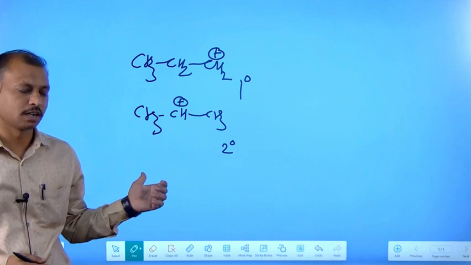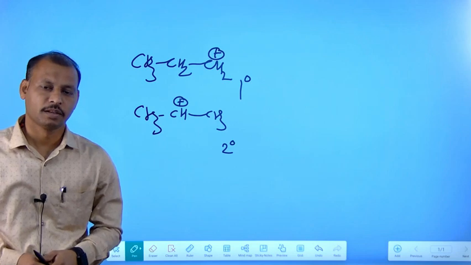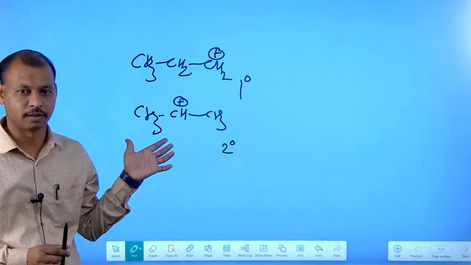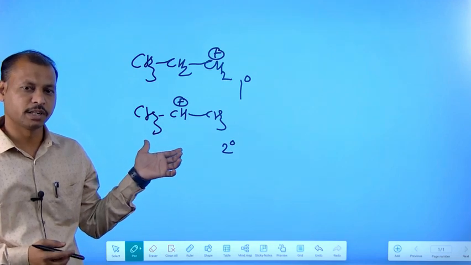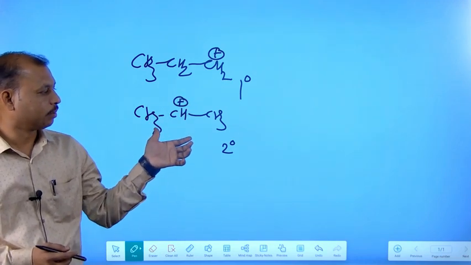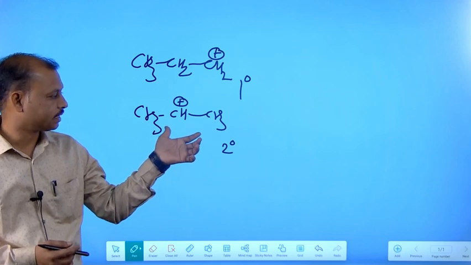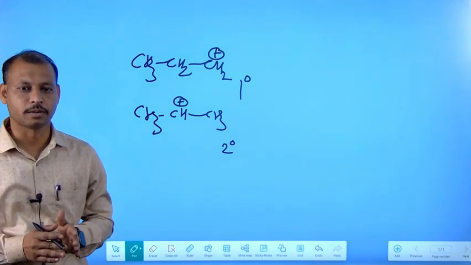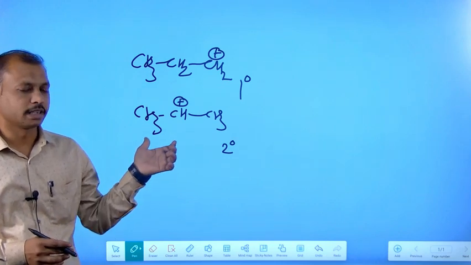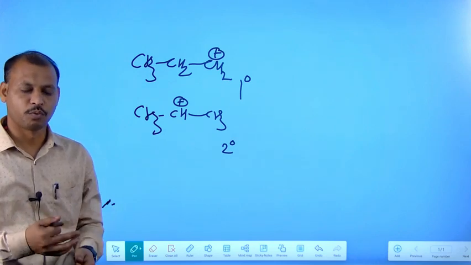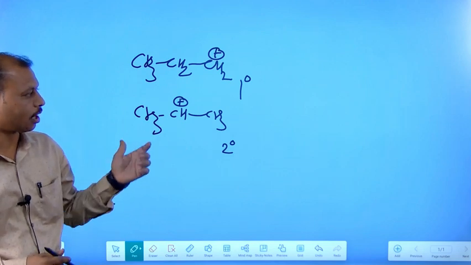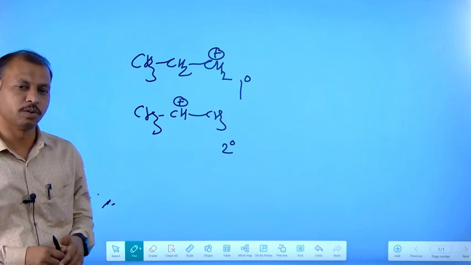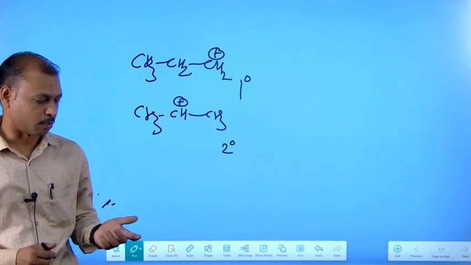As we know, because of the plus I effect and hyperconjugation, the secondary carbocation is more stable than the primary carbocation. Therefore generation of the secondary carbocation is more favorable, and the product we saw in the first reaction is the major product.